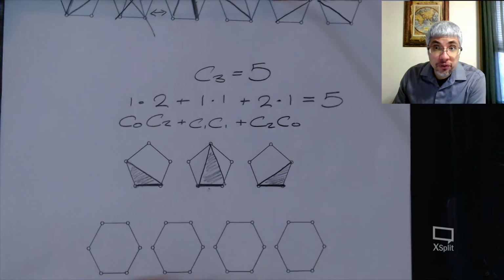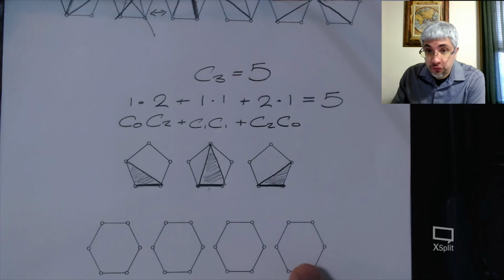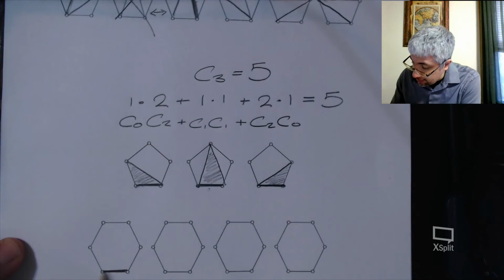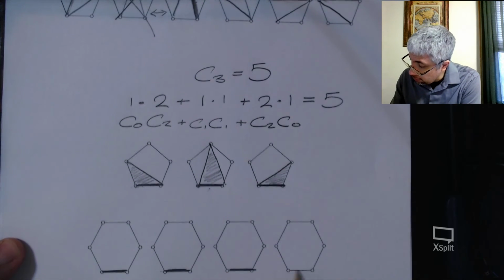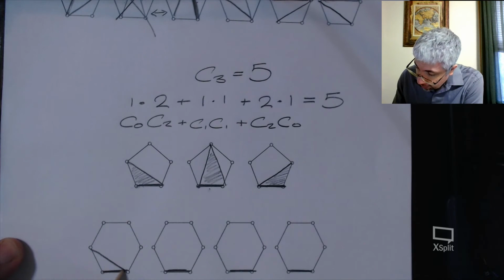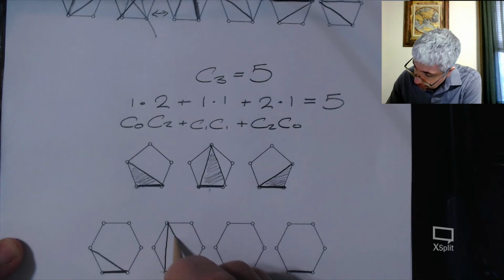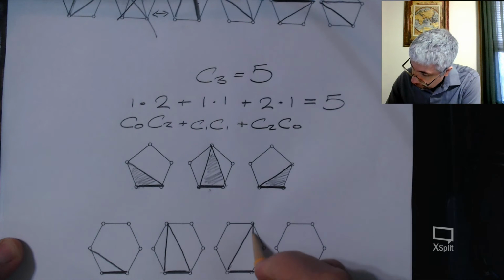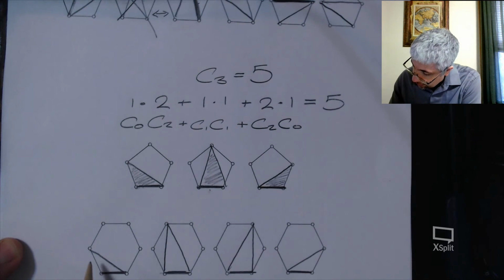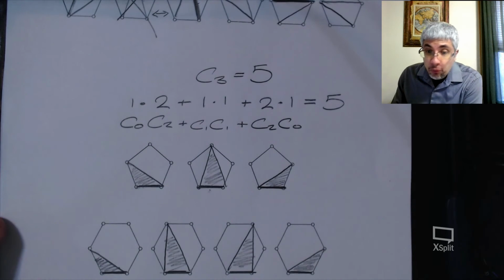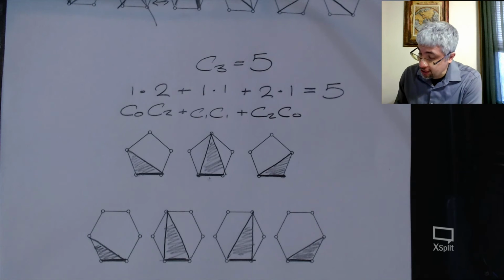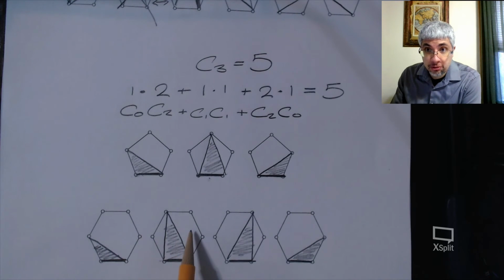But now let's go for C4. And that is for the 6gon. So I'm going to distinguish a base. And it must connect somewhere. And I'll shade in these little triangles that we get. 1, 1, and 1, and 1. Okay. So now what do I have? Well, if I look at the choices, I have to deal with the choice on the left and the choice on the right.